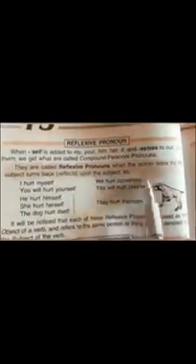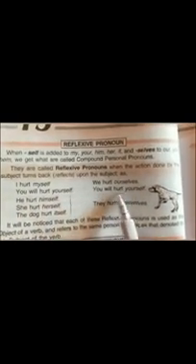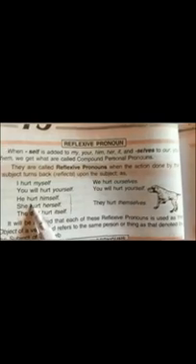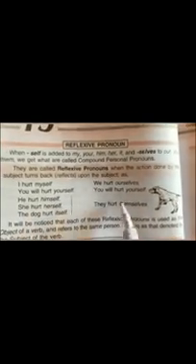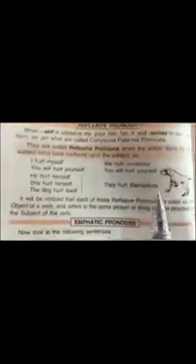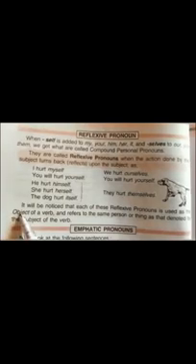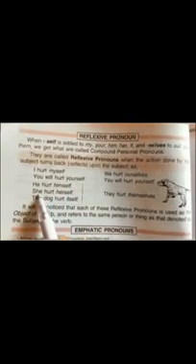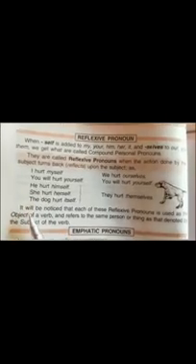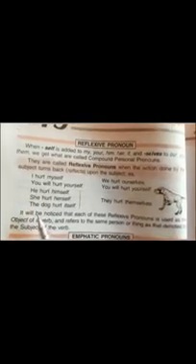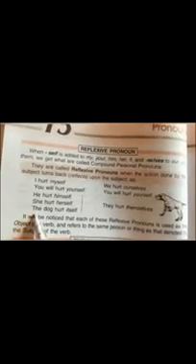Like: we hurt ourselves, you will hurt yourself, he hurt himself, she hurt herself, the dog hurt itself, they hurt themselves. In each of these cases, the object, her, refers back to she, the subject itself, or to the same person or the same thing denoted by the subject.